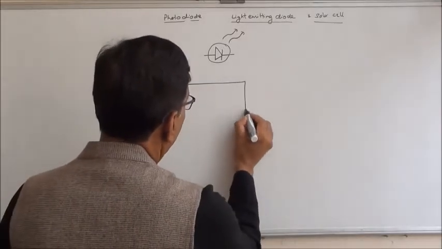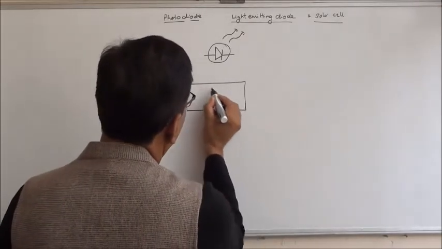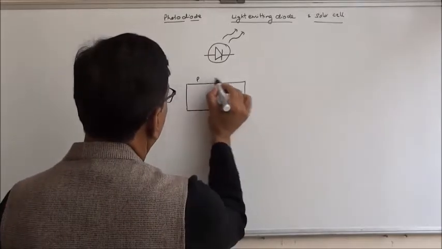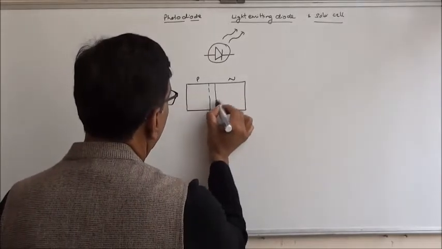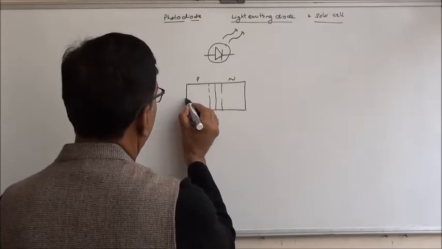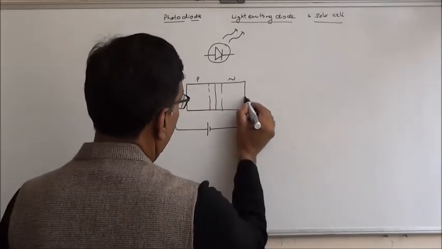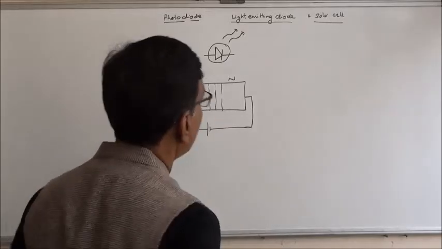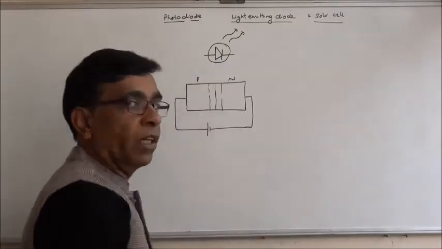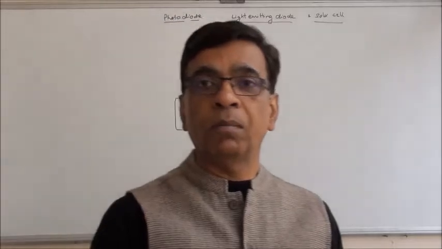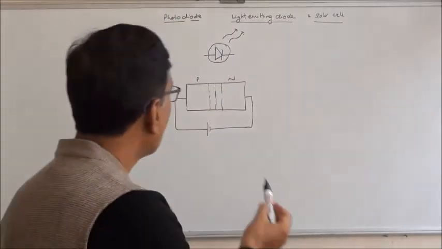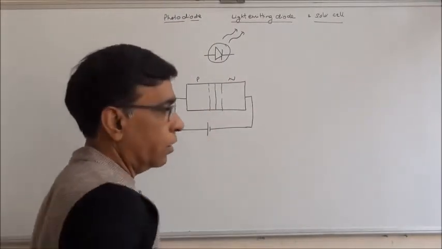A PN junction, depletion layer, connected in forward bias. We know that whenever a PN junction is connected in forward bias, current flows through it.